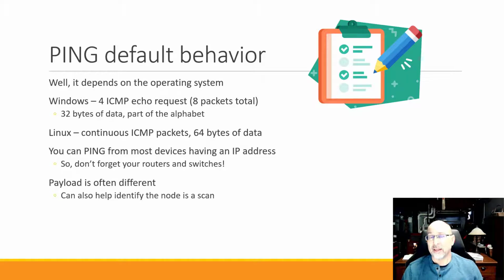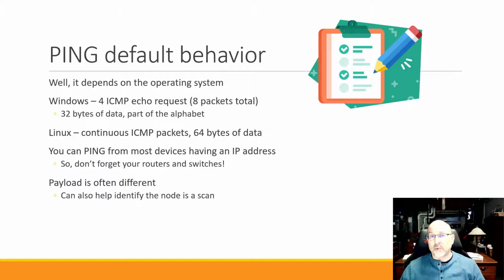Now, a really handy thing to remember is that almost anything that has an IP address can be pinged, and you can ping from. Now, that's not always the case with small devices that just have an IP address sort of coded into their networking stack. But if you're working with a production router, like a Cisco router or a Juniper or something like that, then you absolutely can ping from that router.